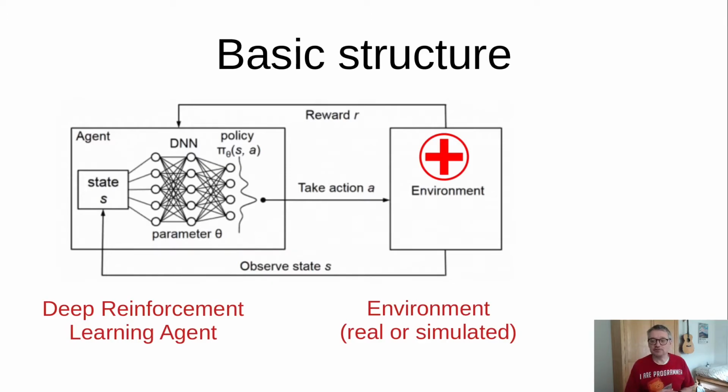Now the agent observes the environment, so it gets what's called the state S, and from that observation it decides to take an action, A. It passes that action to the environment, and then the environment passes a reward back, R. And what the agent has got to learn to do is, given any observed state S and given what it's already learned, what action should it take to pass to the environment to maximise how R accumulates over time.